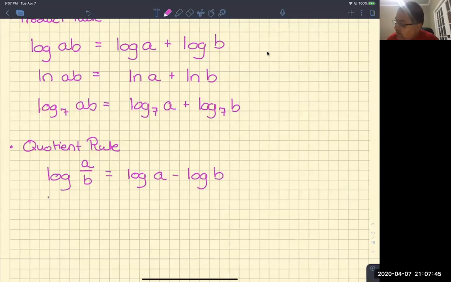And again, this can be natural log of the numerator minus the natural log of the denominator, or the log of any base.